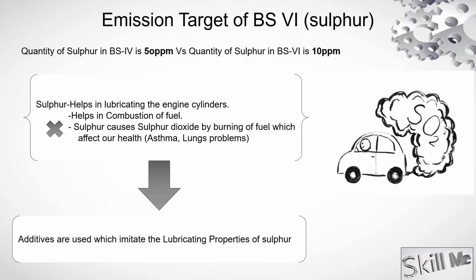To compensate for the lubricating property of sulfur, we use additives in place of sulfur which imitate its lubricating property and help BS6 decrease the quantity of sulfur from 50 ppm to 10 ppm.